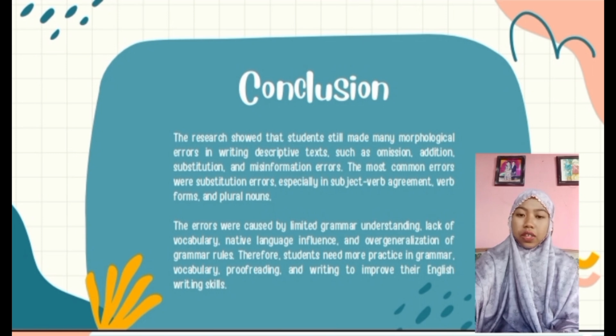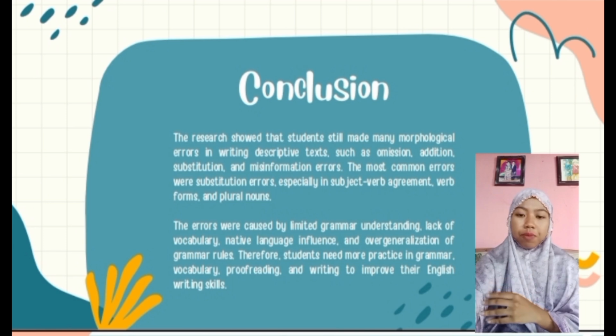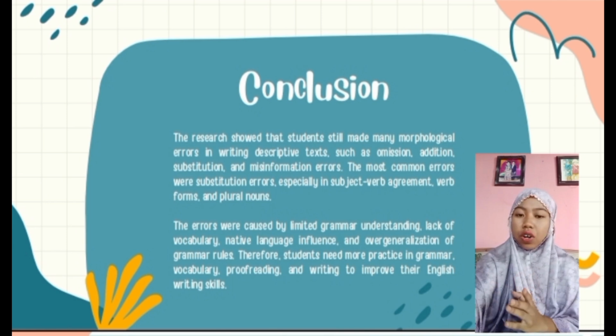Now I will explain the conclusion of this research. Based on the findings of this study, it can be concluded that many students still made morphological errors in writing descriptive text. The errors include omission, addition, substitution, and misinformation errors.